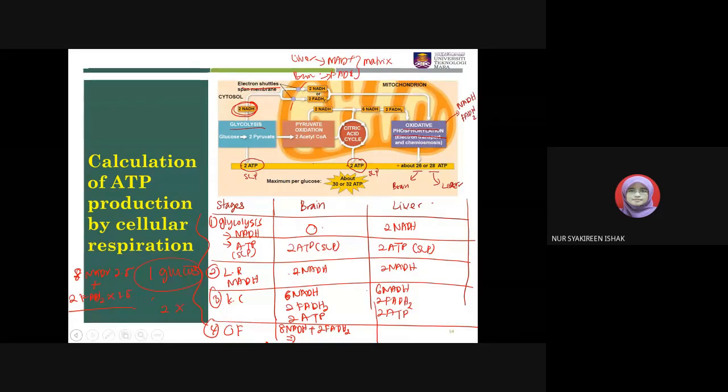Sekejap. 8 kali 2 point. Berapa 3? Apa dia berkurang lah? Ada yang saya terpis out ke? Itu FADH. 4 FADH kan? Berapa 3? Mana lagi satu?